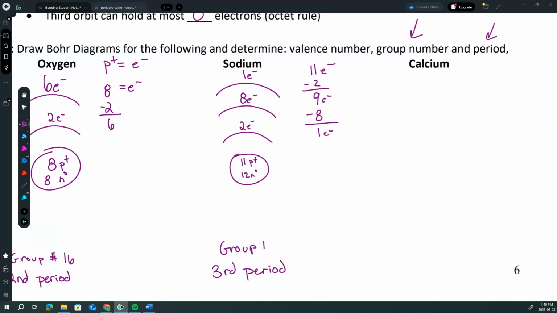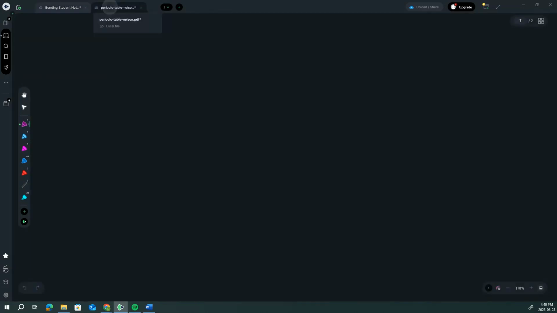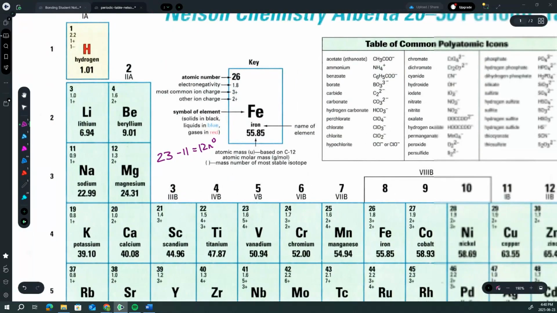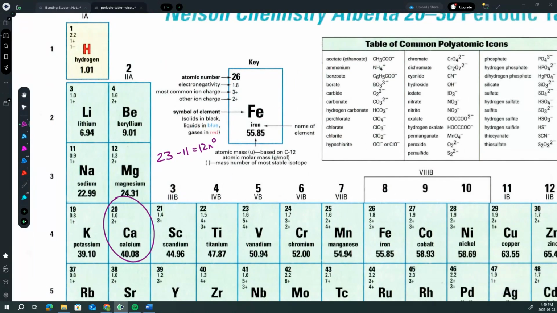With calcium here, let's start out the same way. So we have our nucleus, which I'm going to draw a little bit bigger. Let's look at where calcium is. All right, so calcium, I'm finding it right here.